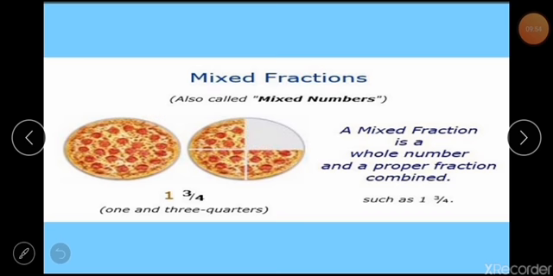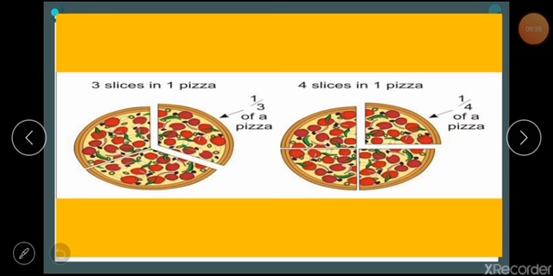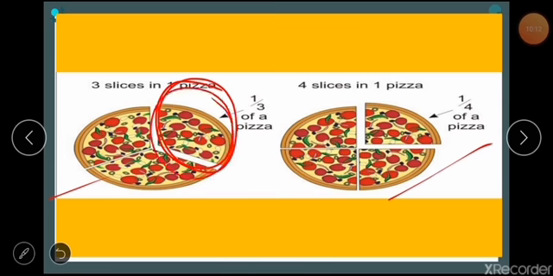I am explaining with the help of a pizza divided into equal parts. As you can see, in the first picture I am dividing the pizza into 3 pieces, 3 slices, and in the second picture I am dividing the pizza into 4 slices. So this is 1 slice out of a total of 3 slices, 1, 2, 3.